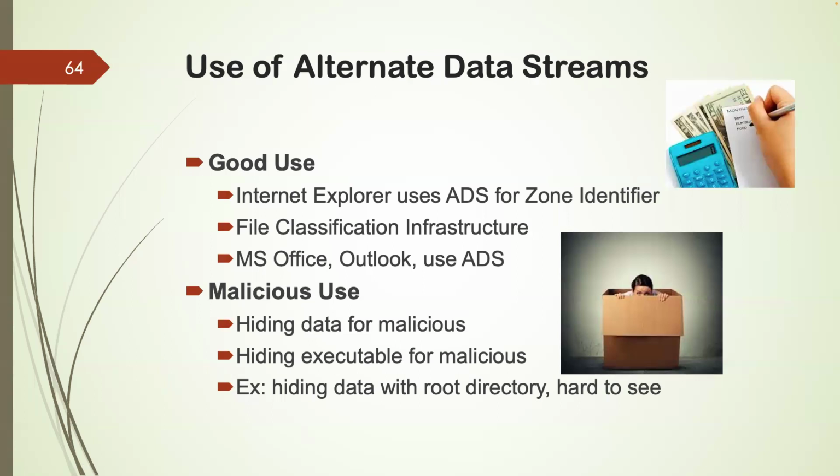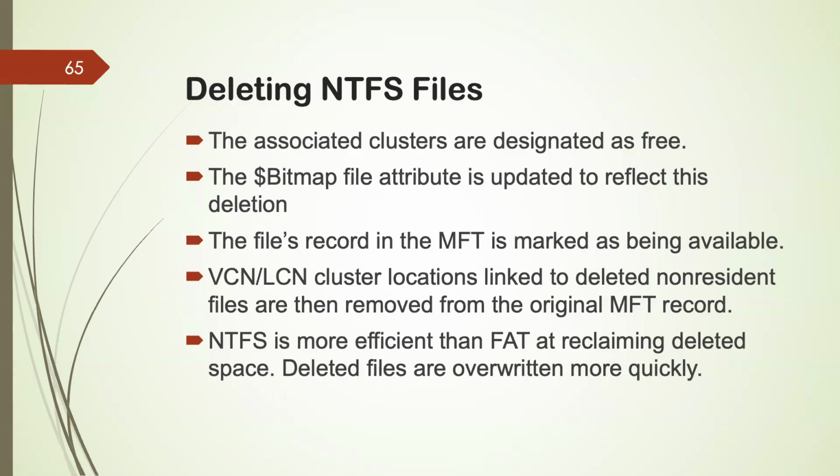You can also hide executables in the alternate data stream and run the executables from the alternate data streams as well. So whenever you are doing a forensic investigation, you have to pay attention to the alternate data streams, and this is one fundamental step that you have to look at whenever you are investigating any particular file: see if it has alternate data streams.